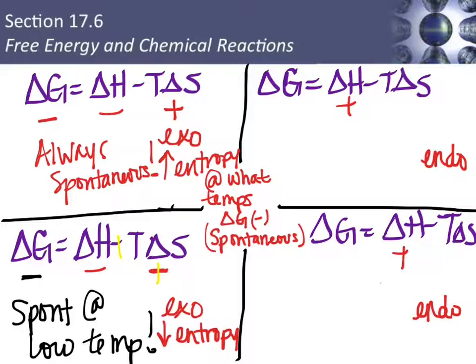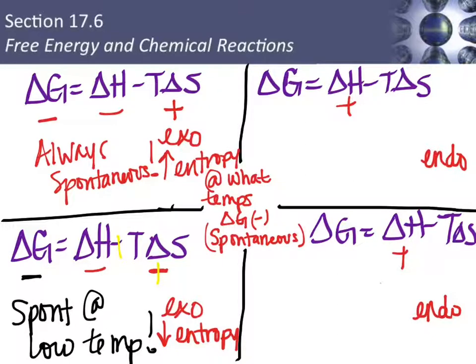Can you explain this? Like this square, the bottom square? Okay, so if you have a negative delta H, so an exothermic reaction, and you have a negative delta S, then a negative here times a negative here makes this a positive, right? But at what point can I get this whole thing to be negative?